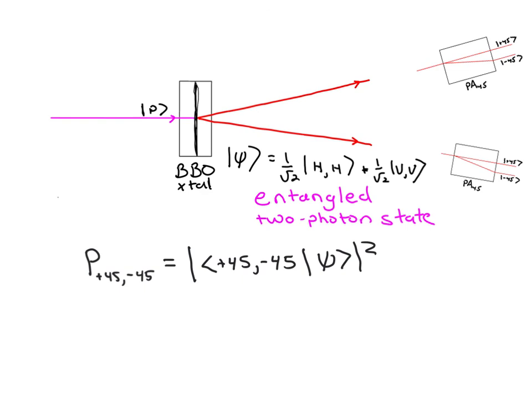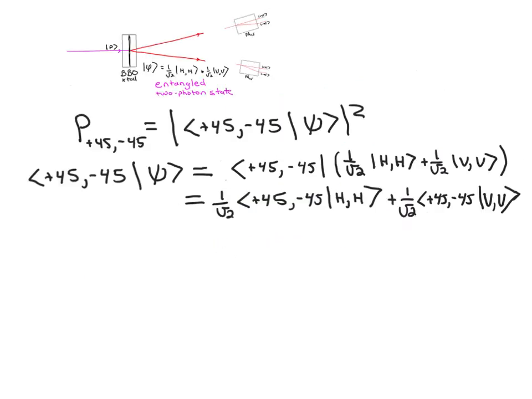The probability of measuring plus 45 degrees for the signal photon and minus 45 degrees for the idler photon. We're going to need to calculate this probability amplitude here and then take the magnitude squared.